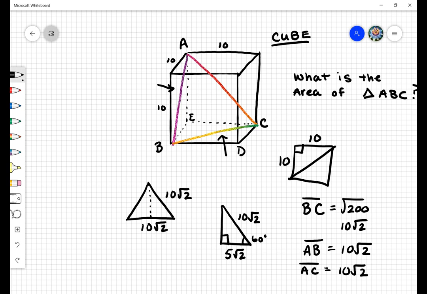If we know the 30, 60, 90 rule, you know that the short side is half of the hypotenuse. Oh. This would be x square root 3.